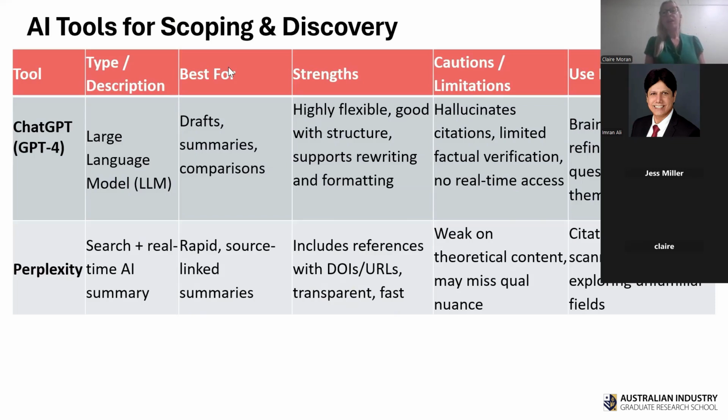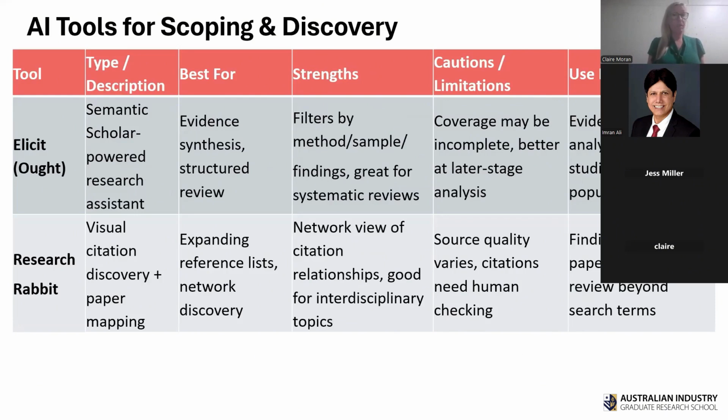It can be weak on theoretical content and may miss nuance, but that is going to be the same with ChatGPT. So what's this useful for? Citation checking, scanning topics, and exploring unfamiliar fields.